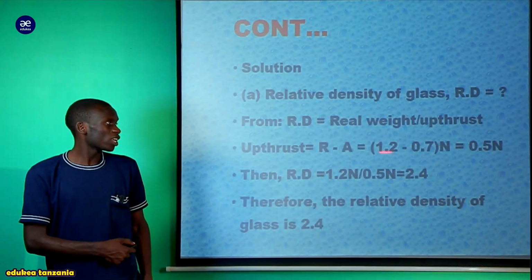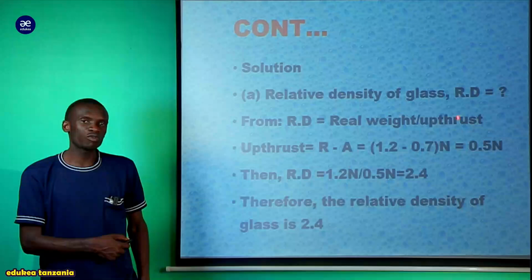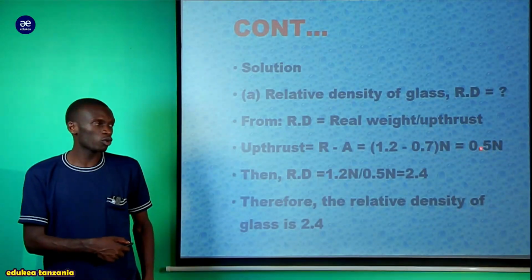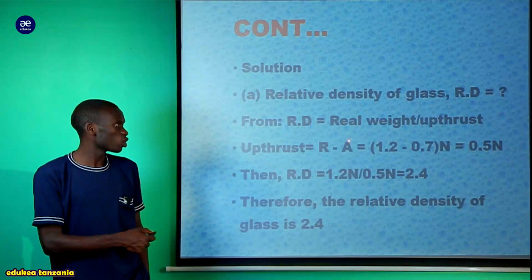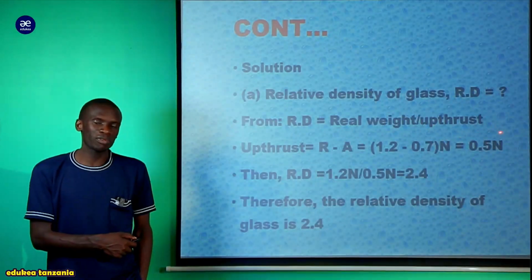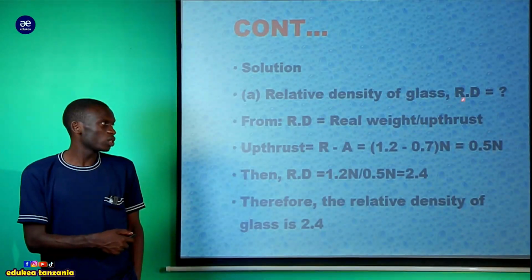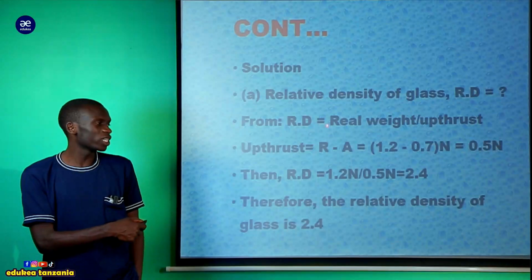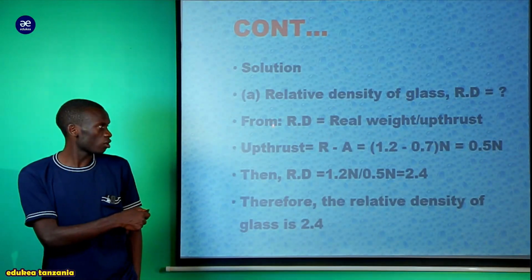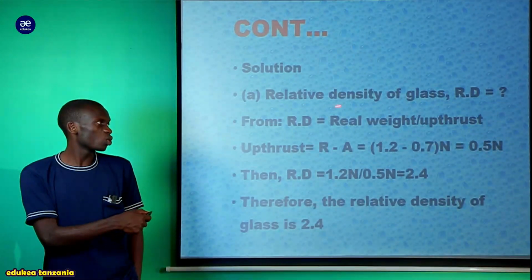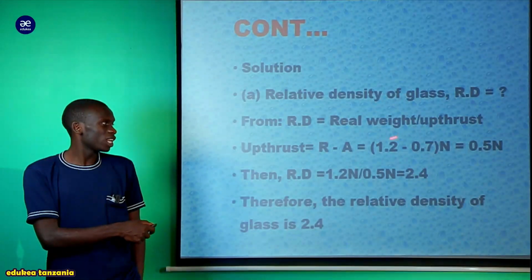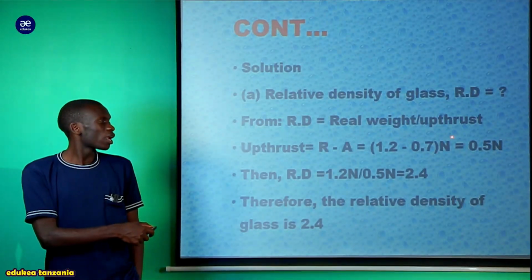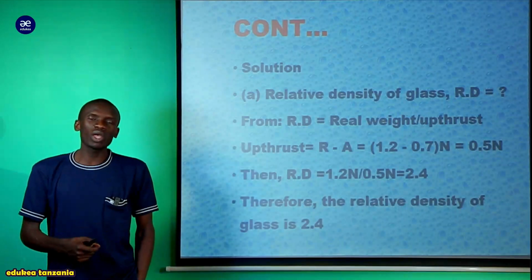From knowledge of Archimedes principle and the law of flotation, relative density is calculated by taking the ratio of real weight to upthrust. So if you take real weight and divide by upthrust, you get relative density. We are given the real weight, but upthrust we have to calculate.